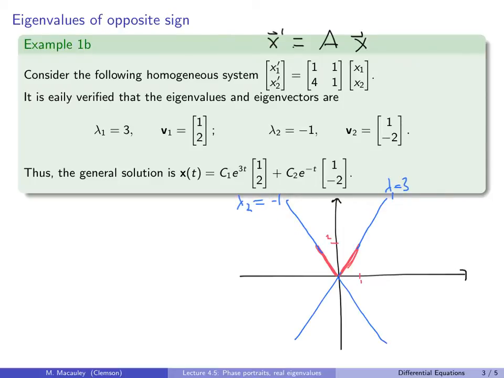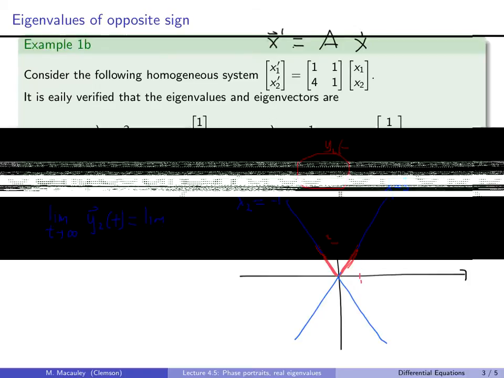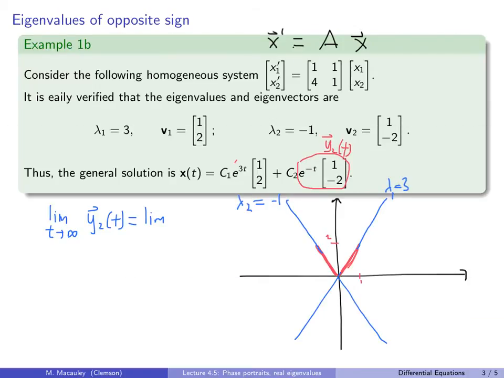Remember that? So the limit as t goes to infinity of y2 of t, and this is going to be my y1 of t.